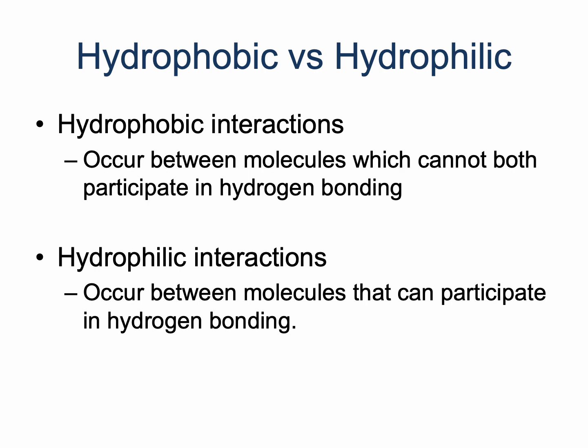So hydrophilic would be water loving. That's what that term refers to. Water loving. Hydrophobic would refer to water hating. So a hydrophobic interaction would be one that occurs between molecules that cannot both participate in hydrogen bonding, while a hydrophilic interaction occurs between molecules that can participate in hydrogen bonding.